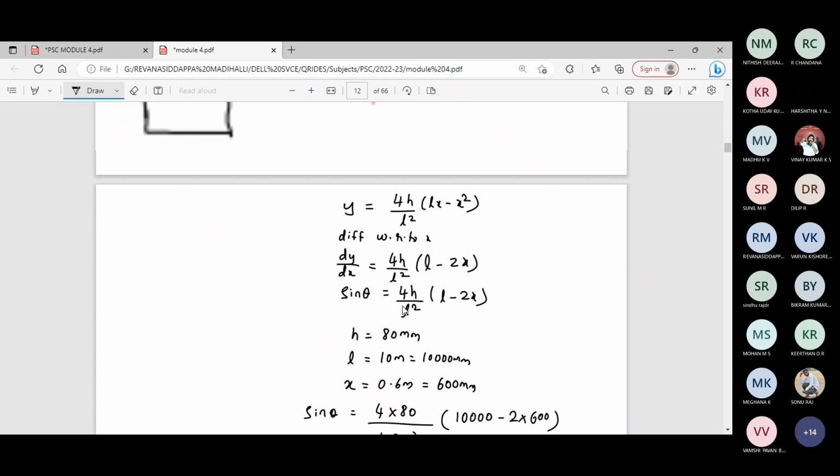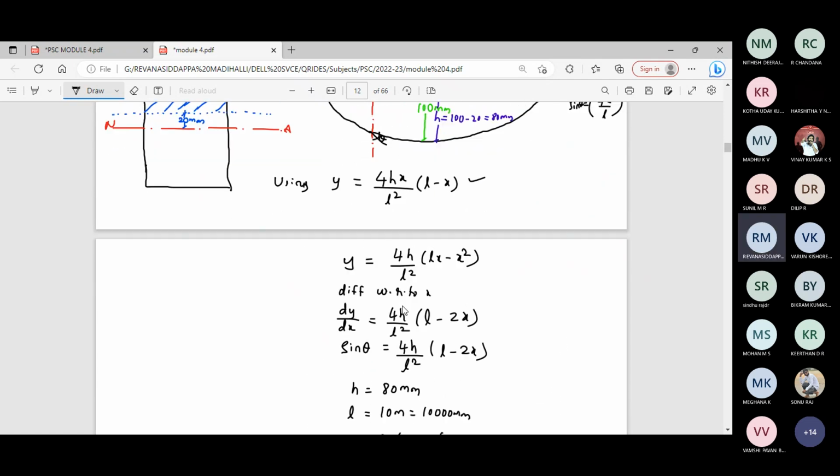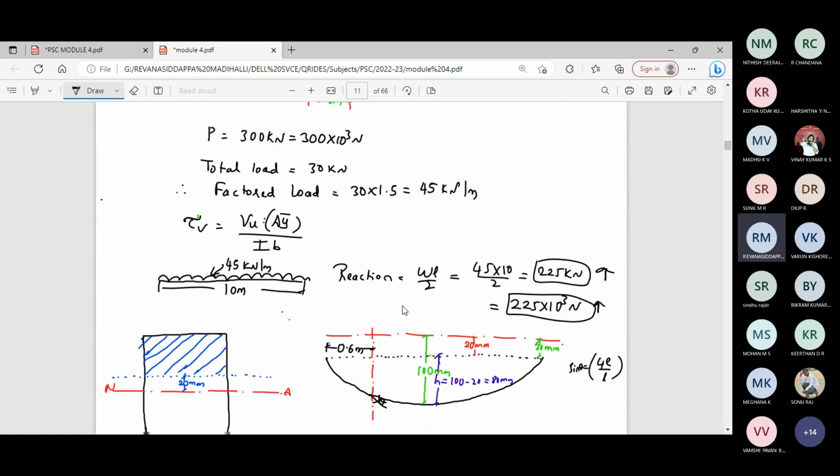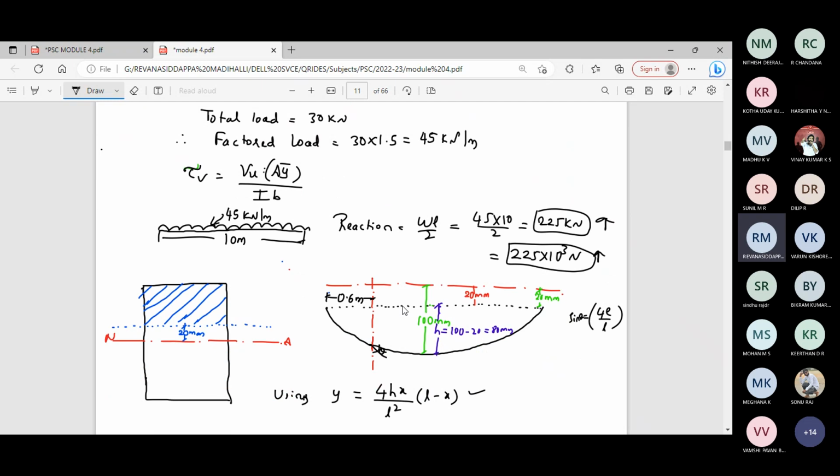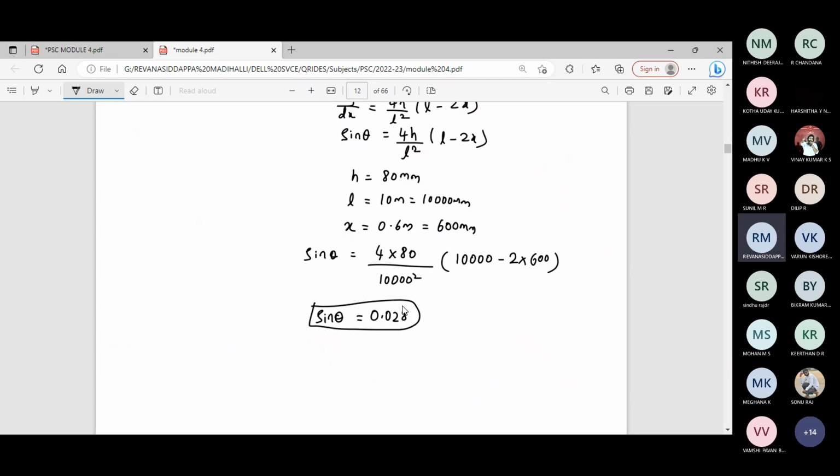Now we have the value of sin theta. We also know the reaction at the support, or the shear force due to the load. The vertical component of the prestressing force is P sin theta.